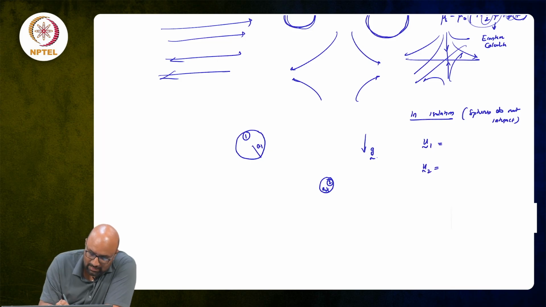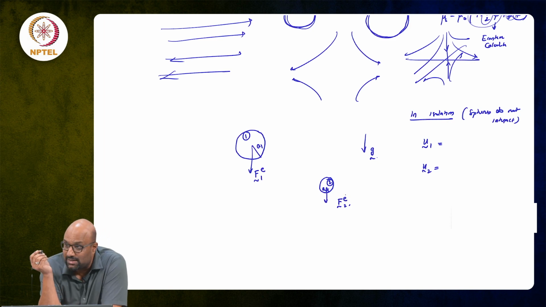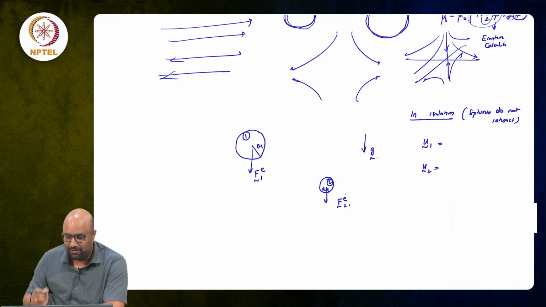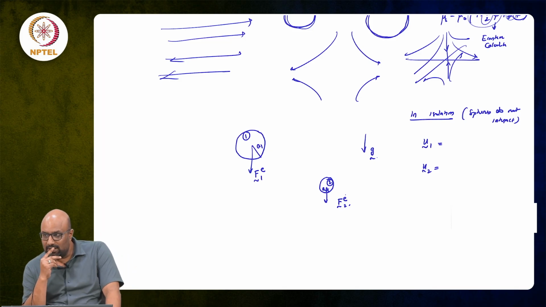I will make it a little general by saying that there is an external force acting on sphere 1, which is F1, and an external force acting on sphere 2, which is F2. Obviously here it is gravity, so F1 and F2 for this problem are the weights of the spheres. So, if I know F1 and F2, what would be the settling velocity?